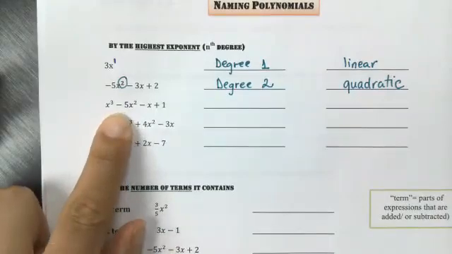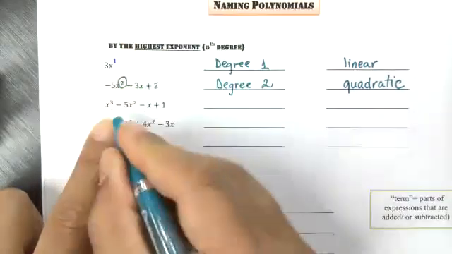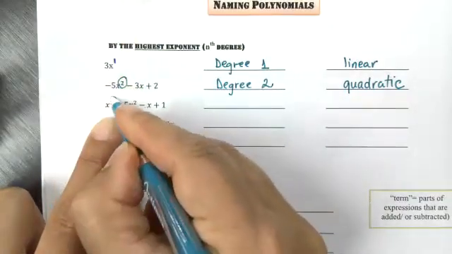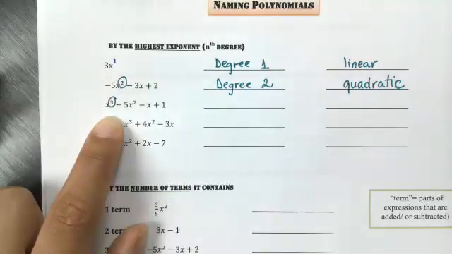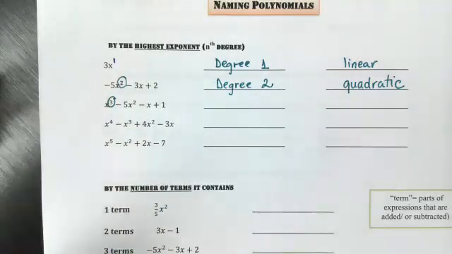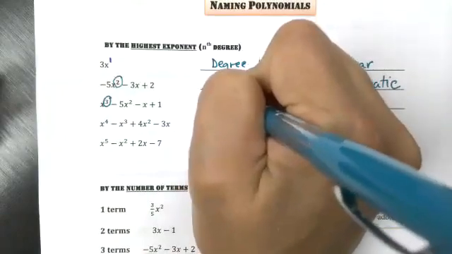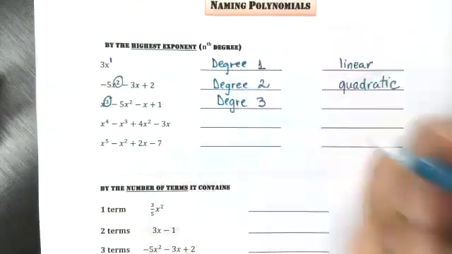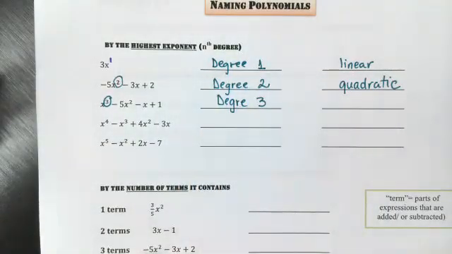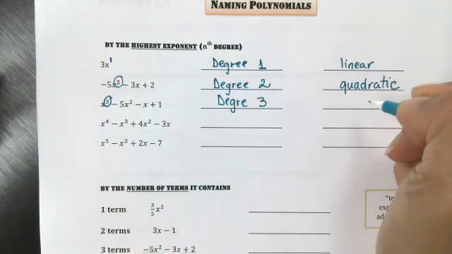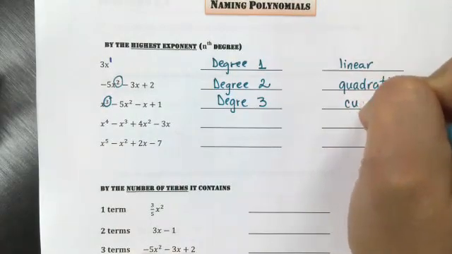The next example here, you look at the entire polynomial, you see the highest exponent is 3. That's going to be what? Degree 3 polynomial. And the common name, anybody knows it? Cubic.